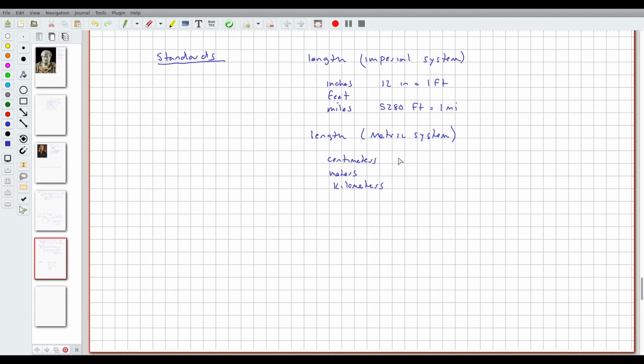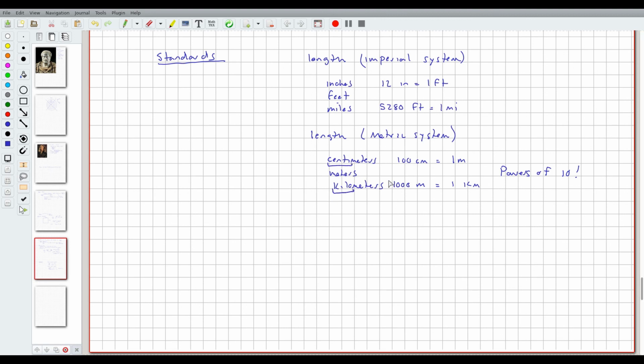So what does this mean? Well, okay, you have 100 centimeters in 1 meter. You have 1,000 meters in 1 kilometer. Look, powers of 10. Super easy. Now, the nice thing about this is the prefix on these things.